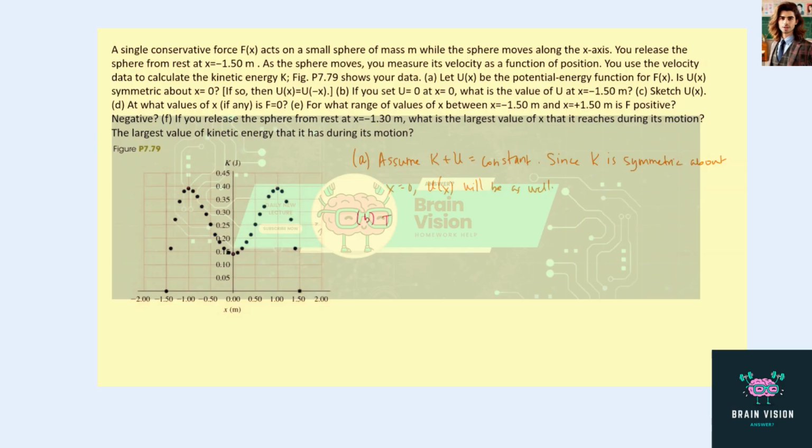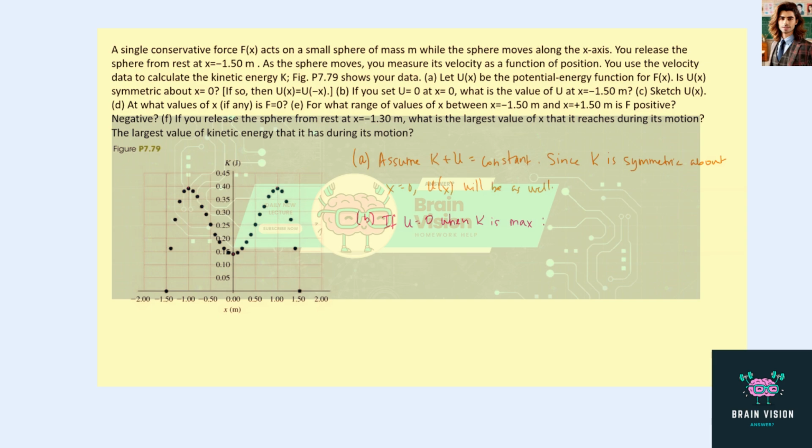Let's start with U equals 0 when K is maximum, to help us figure out what the values would be, and we'll go from there to figure out what they are if U is 0 at x equals 0.